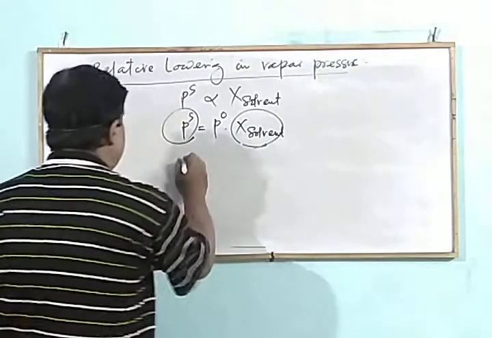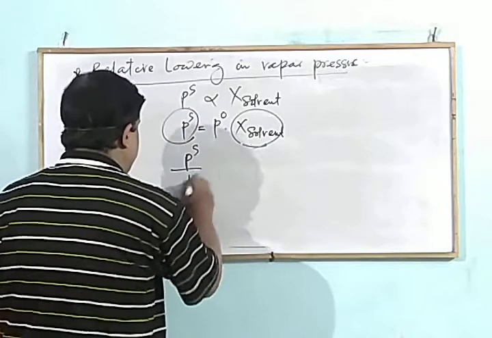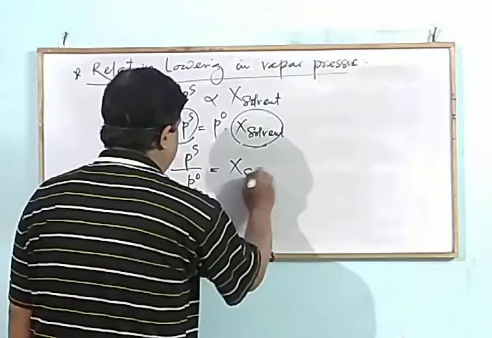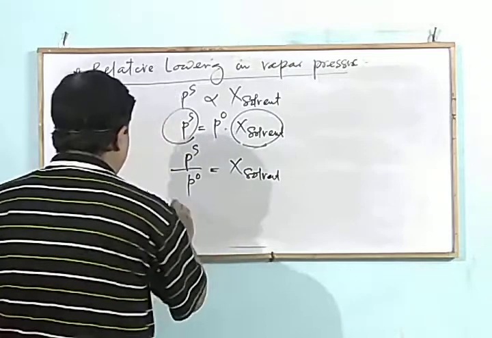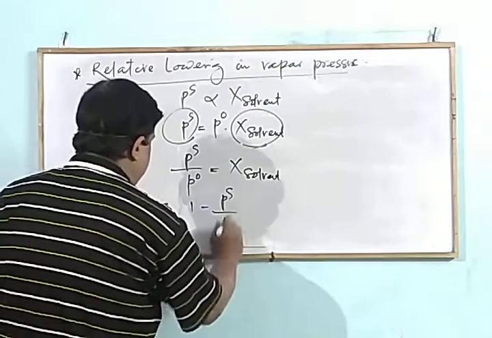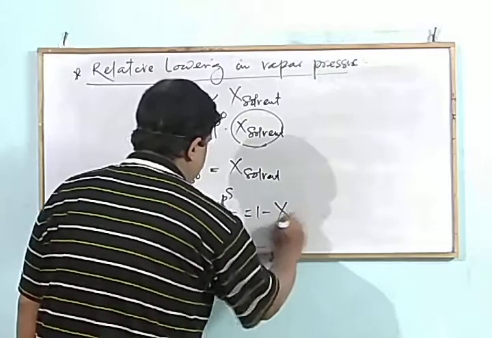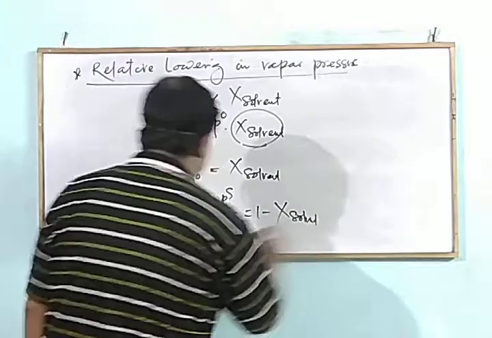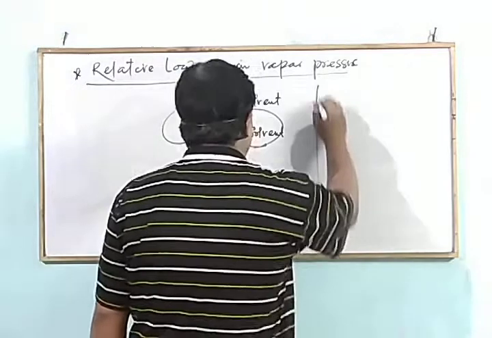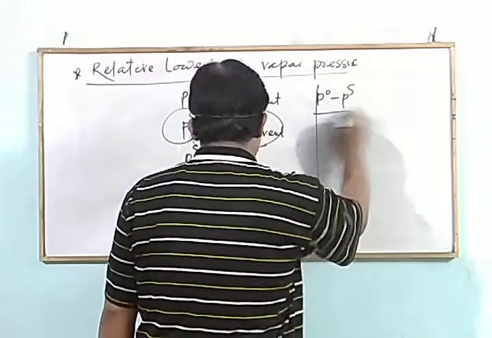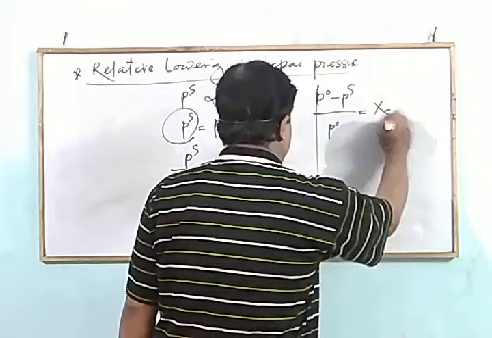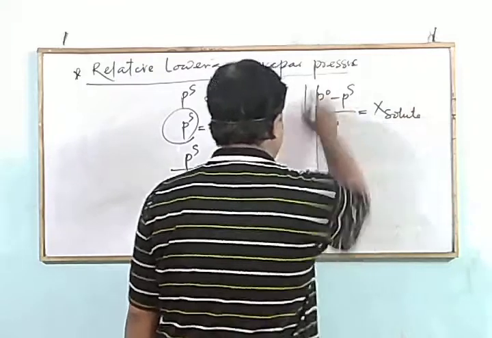Rearranging this one, we can write Ps by P naught is equal to mole fraction of solvent, or 1 minus Ps by P naught is equal to 1 minus mole fraction of solvent, or P naught minus Ps by P naught is equal to mole fraction of solute.